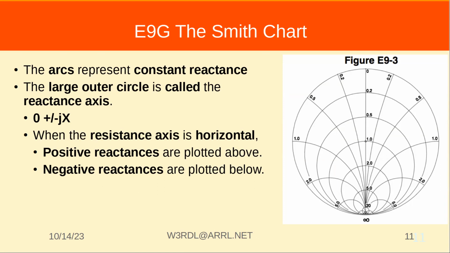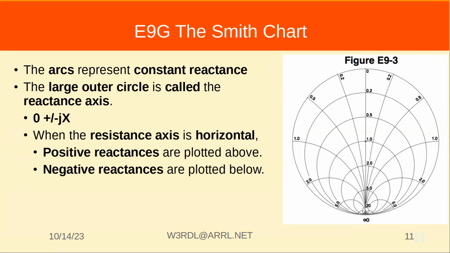And depending on your chart, you may have many more arcs plotted so that you can get a more accurate reading, like the one I printed out. It's a lot of arcs. It's busy. The outer circle, okay, that's zero resistance, is also the reactance axis, because they took a rectangular chart and folded it around in a circle.